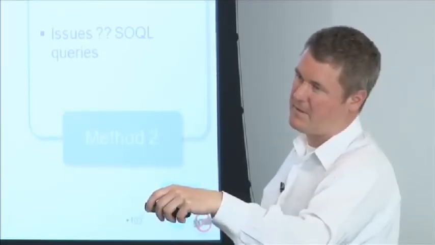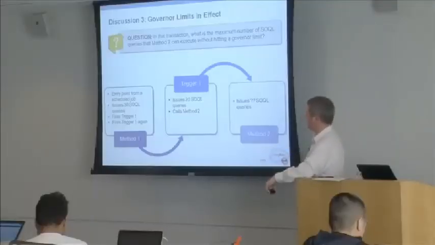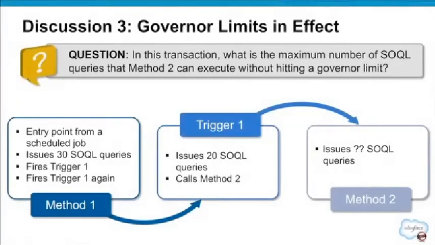Okay. Now let's take a look at this example. We call our method, once again our entry point, which kicks off 30 SOQL queries. It then fires off the trigger twice. The trigger has been re-architected so that it now does only 20 queries, which in turn calls method number 2.